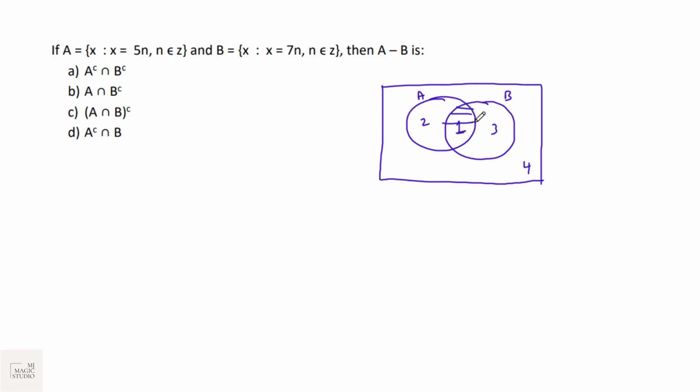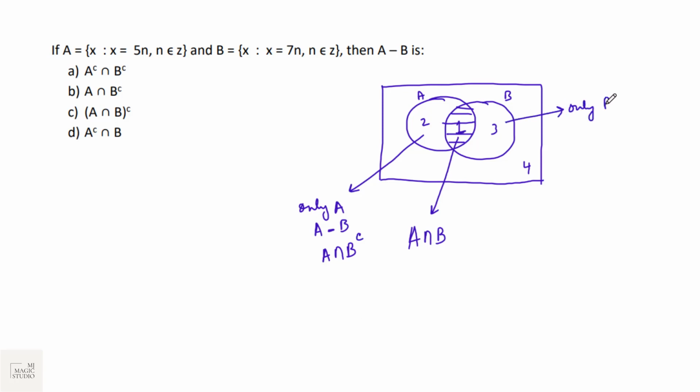This 1 is common to A and B. This is written as A intersection B. Part 2 represents only A. That means it is A minus B, and it is written as A intersection B complement. Part 3 is only B, or this is B minus A, and this is written as A complement intersection B. Part 4 is where neither A nor B belongs. It is neither A nor B, and it is written as A complement intersection B complement.